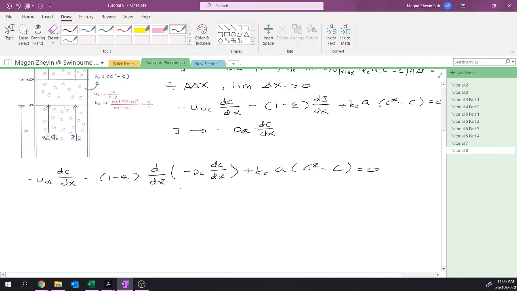And therefore, this one would become, this one is minus. So we can lump these two together, which gives us negative UOL dc dx minus 1. So this one you have a negative, so this one becomes plus. This one is 1 minus epsilon and dc.